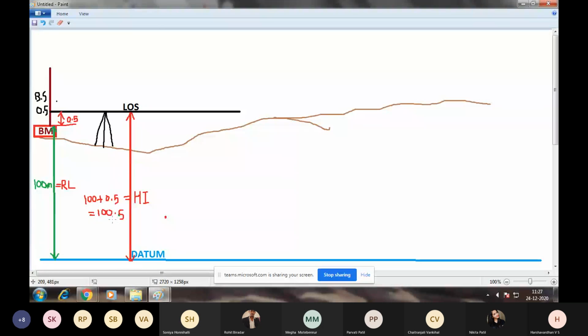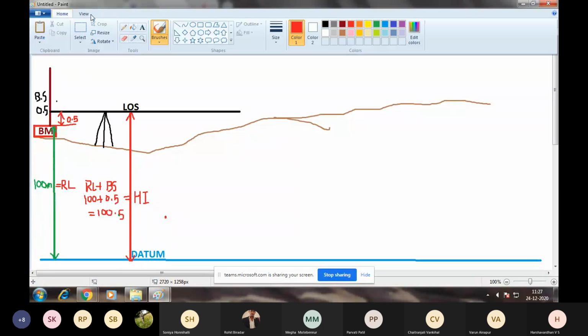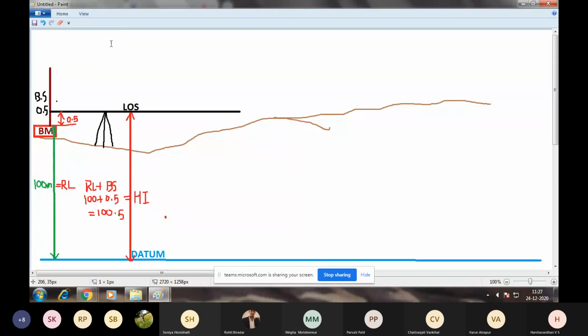Any doubts? How to calculate height of instrument? You can generalize this formula as RL plus backside. Please note down: HI is equal to RL of benchmark, or simply RL, plus backside.